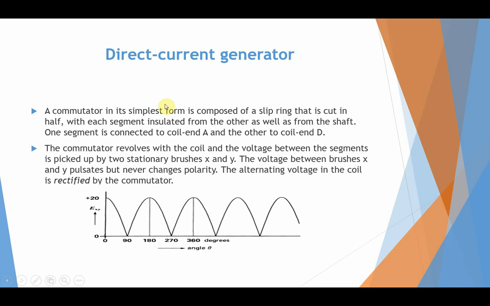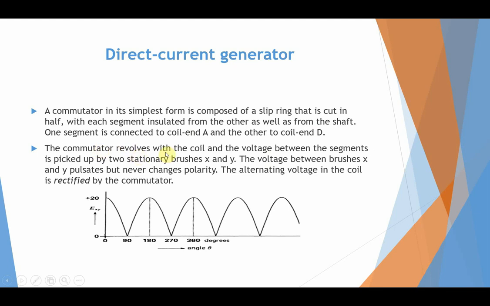A commutator is a slip ring that is cut in half into two parts, and each part is insulated from the other as well as from the shaft on which it is mounted. One side of it is connected to coil end A, and the other to coil end D.